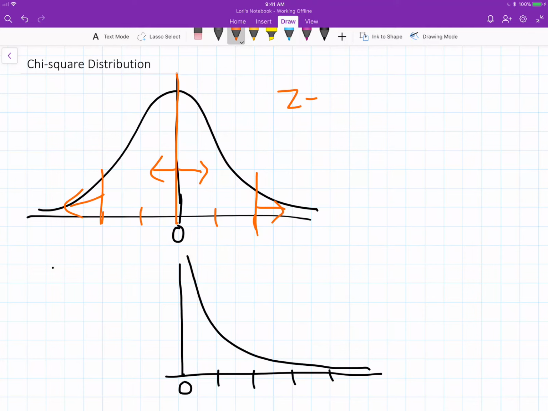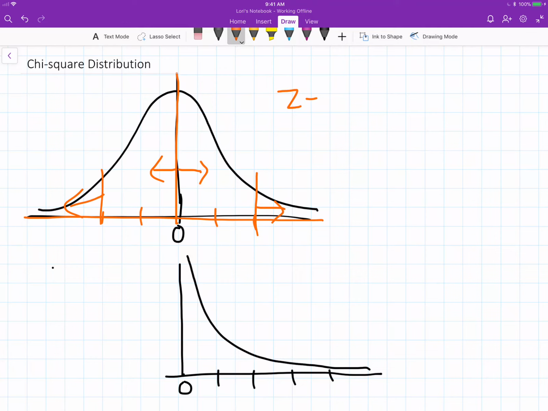When we're dealing with a categorical outcome, in other words, it could be dichotomous or nominal or ordinal, we need to have a different distribution because the Z distribution works along a continuous scale.